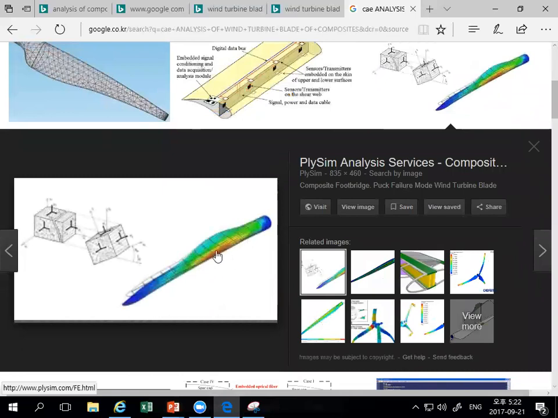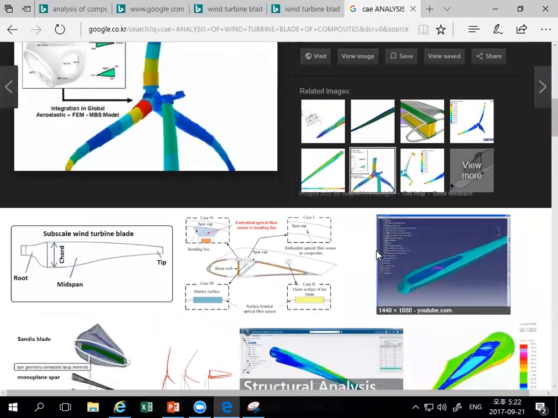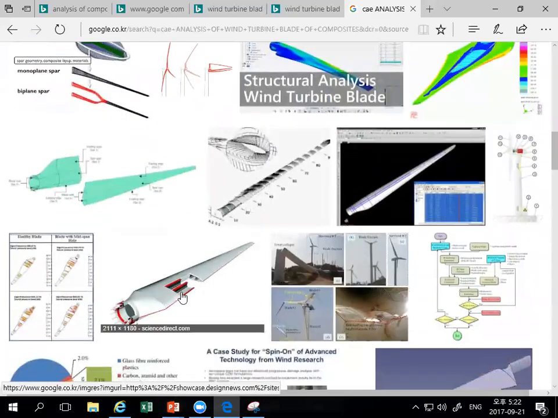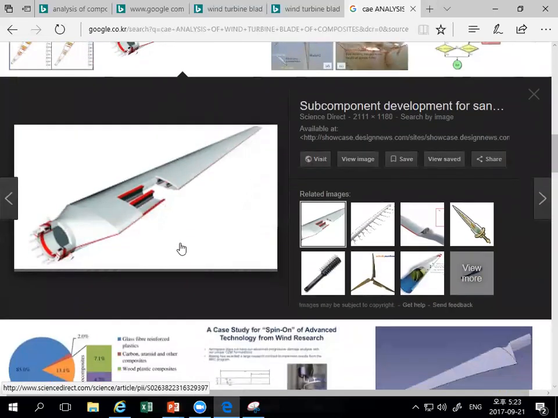And as you can see here, this is one blade of a three-blade wind turbine. You can see how much is the stress, and you can see how much inside. And this is the design by a mechanical engineer using a computer-aided design CAD file.